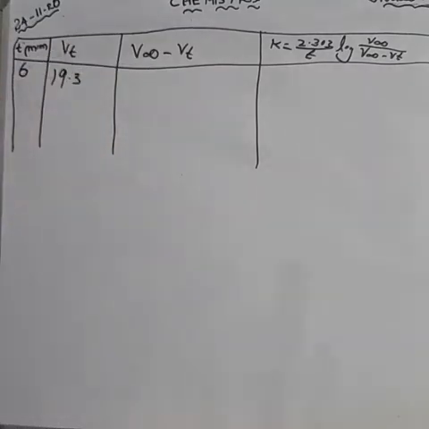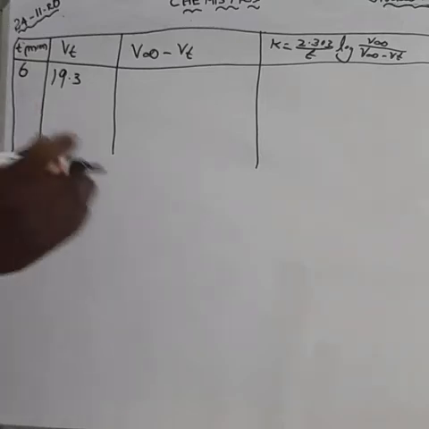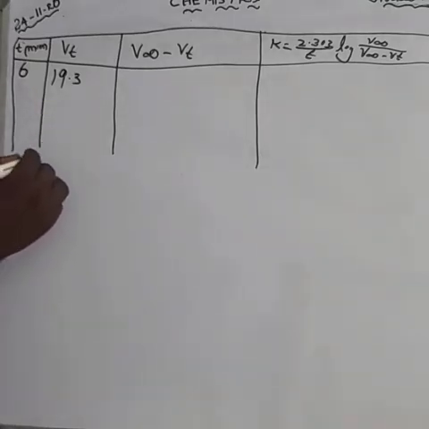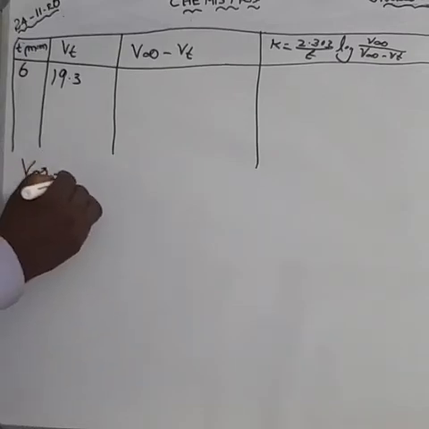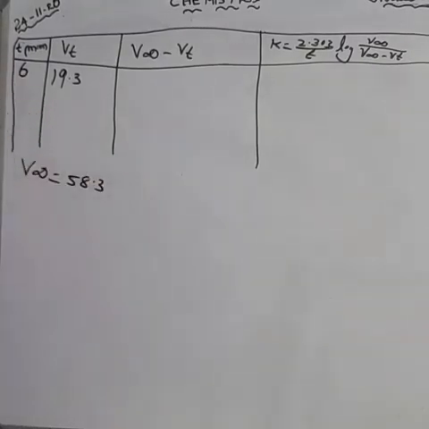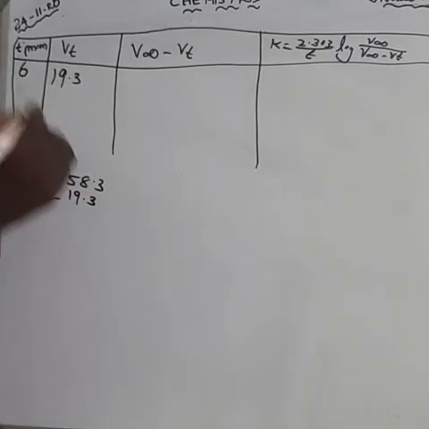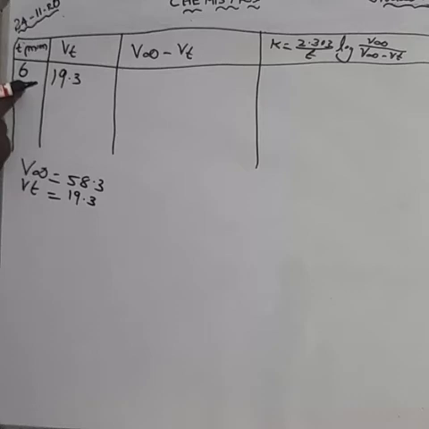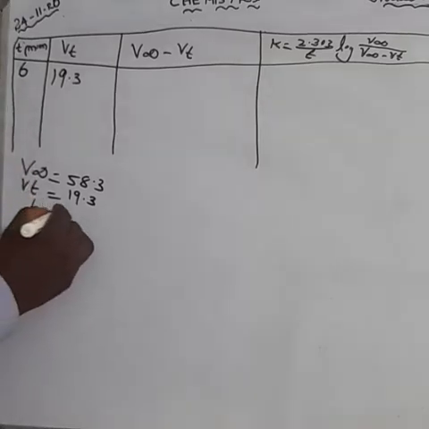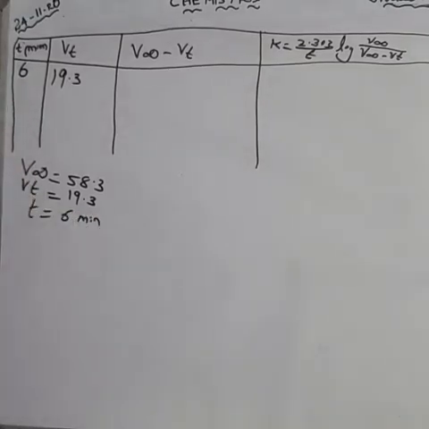V infinity, the last value in the tabular column, is equal to 58.3. Vt is equal to 19.3, and the time t is equal to 6 minutes. That is given.